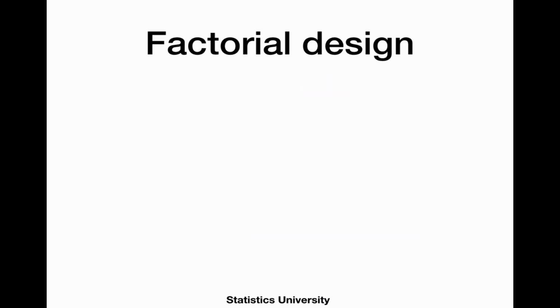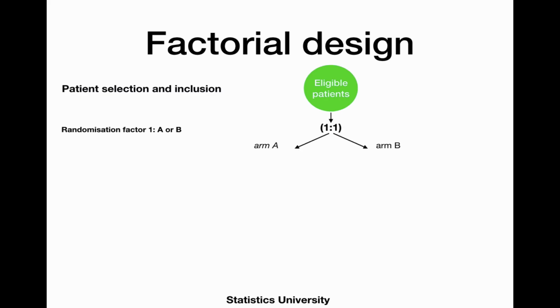Now, in a factorial design, basically another layer of comparison is added. We start again with selecting eligible patients and including them in the study, and then first randomize for factor 1, so patients get treatment in arm A or treatment in arm B, but then we subsequently randomize for another factor, number 1 or 2, so patients can get treatment in arm A with factor 1, arm A with factor 2, arm B with factor 1, and arm B with factor 2.